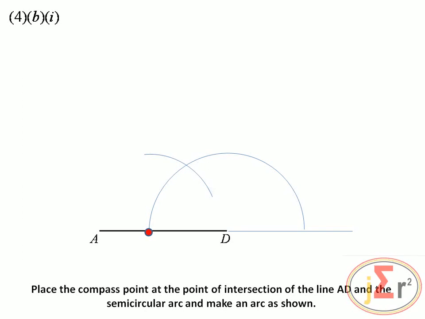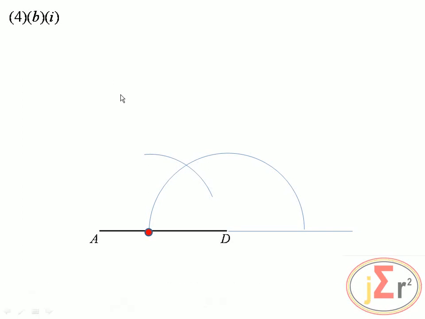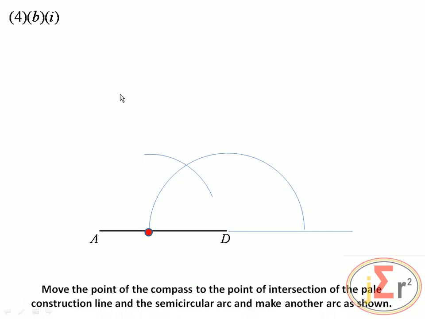Then place the compass point at the point of intersection of the semicircular arc and the pale construction line. In construction, we do not imagine that we will draw an arc and not use it, or a construction line and not use it. So there we have it. We have used it.